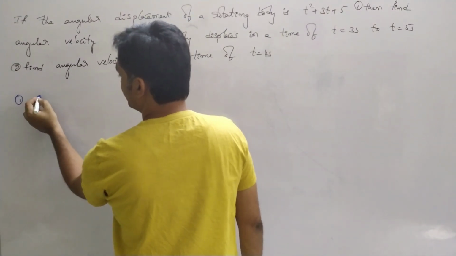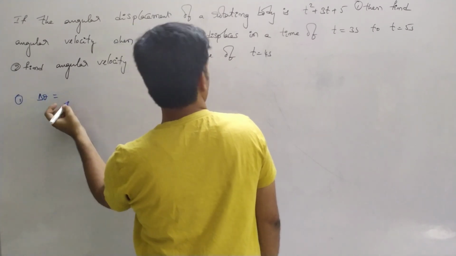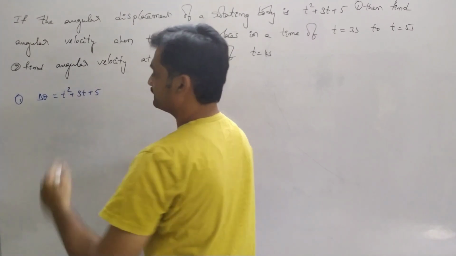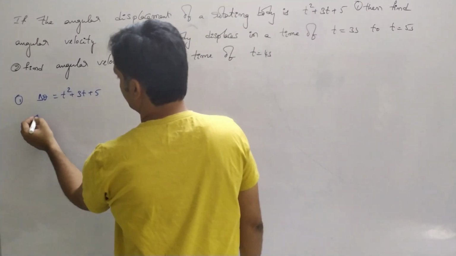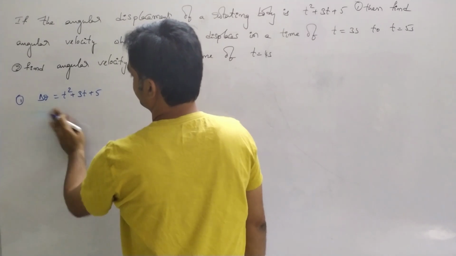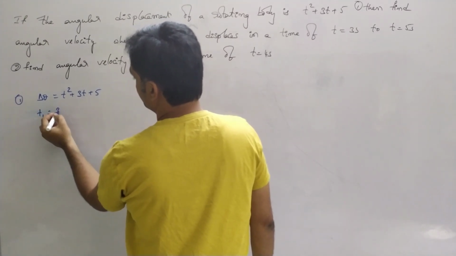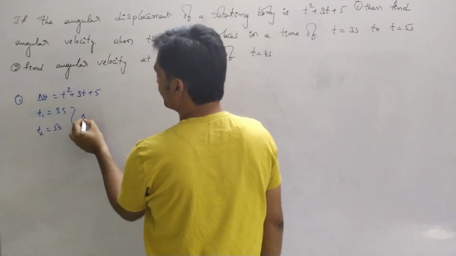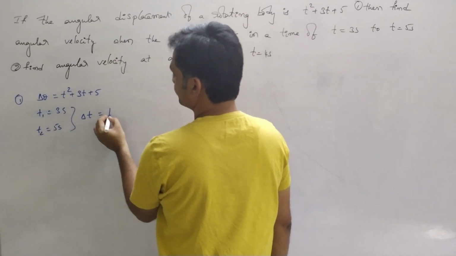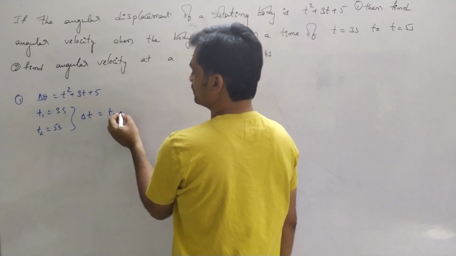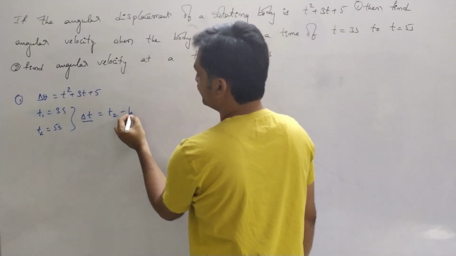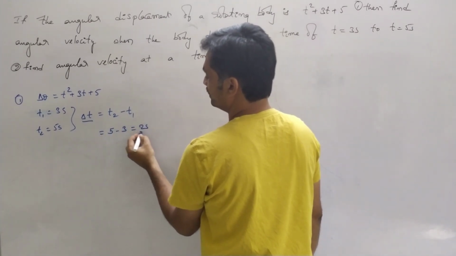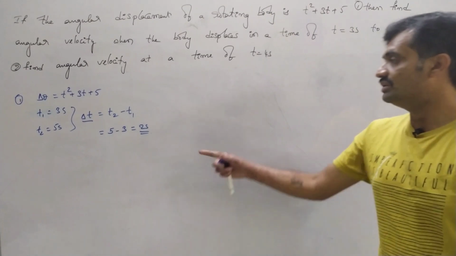Observe that the displacement is given as delta theta equals t square plus 3t plus 5, and here the time changes from t1 equals 3 seconds to t2 equals 5 seconds. Based on that we have to find the change in time, where we know that delta t equals t2 minus t1, which is nothing but 5 minus 3, which is 2 seconds.